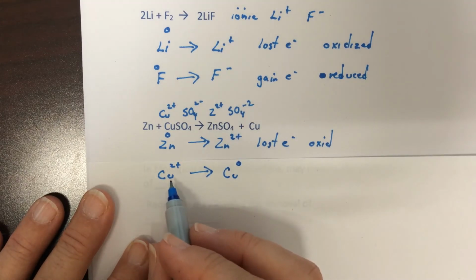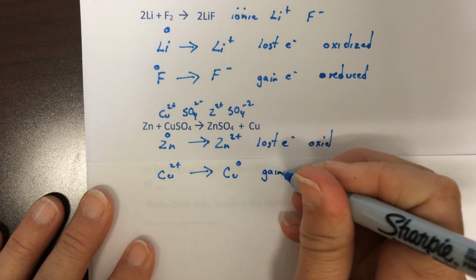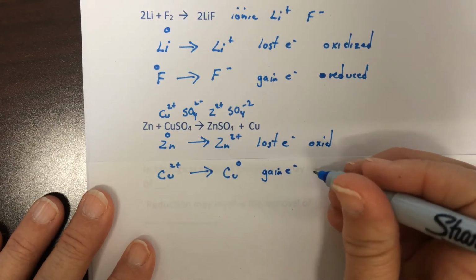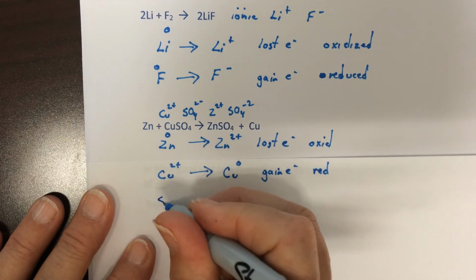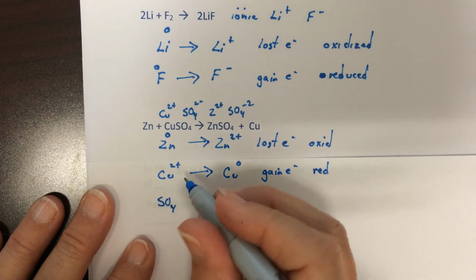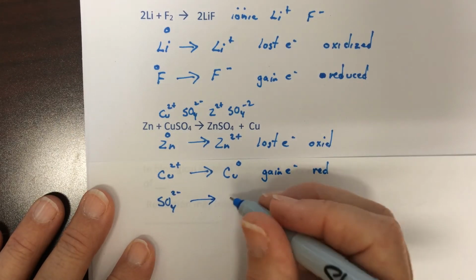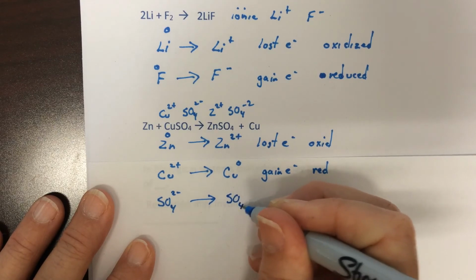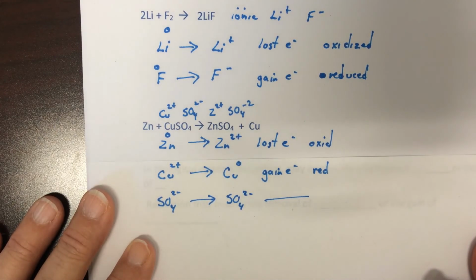So to go from +2 to no charge, it must have gained a negative charge. It gained electrons, and so it was reduced. If you look at the sulfate, it's -2 on the reactant side, and it's also -2 on the product side. So it was neither oxidized nor reduced.